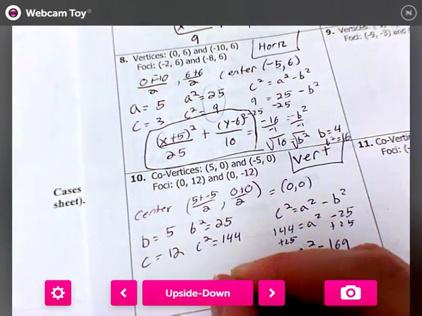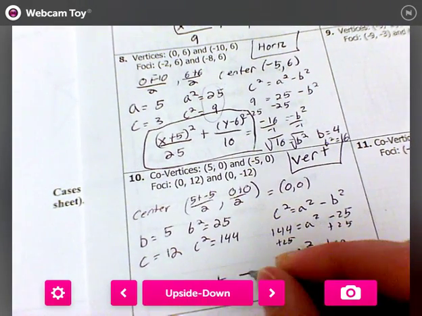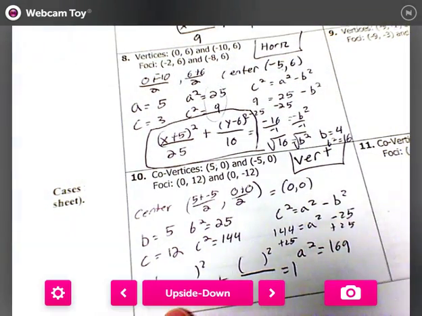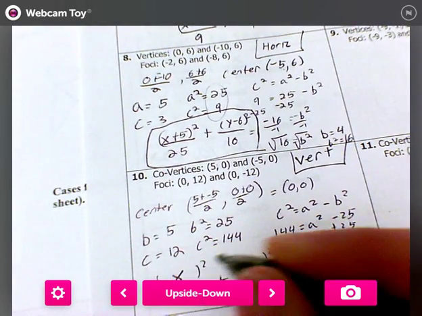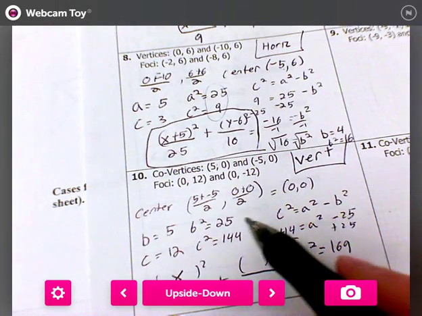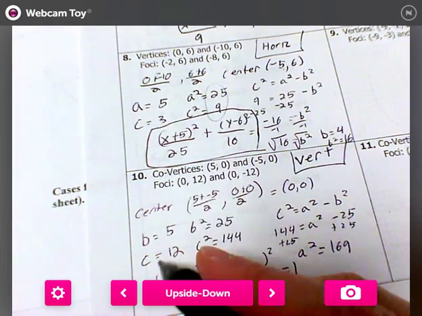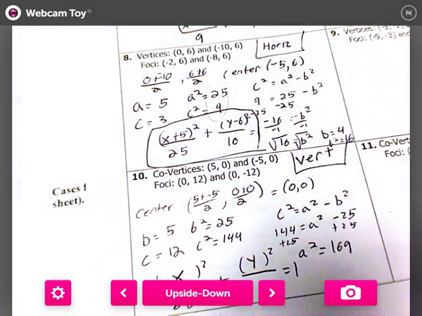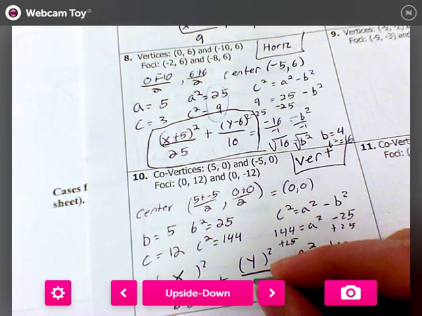So then I'm going to do my center right here, with my a's and b's underneath. So I've got x squared. My b is smaller. My x's were smaller, so I'm going to put 25 here. And then I've got y squared, and my a's were larger, so I'm going to put 169 down here.